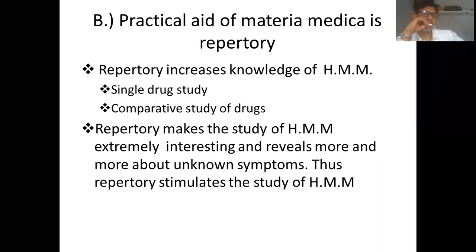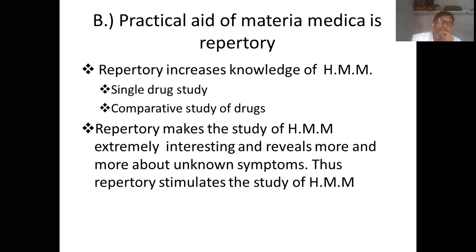Now, what is done in the single drug study? I will explain how this single drug study is done with the help of repertory. You have to fix a specific medicine in your mind, for example Natrum muriaticum, and you want to study all the Natrum muriaticum symptoms from the repertory. Now, what to do?